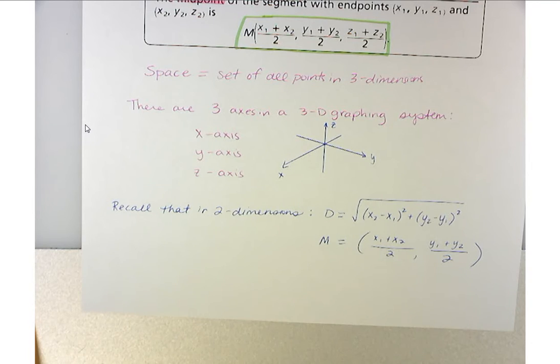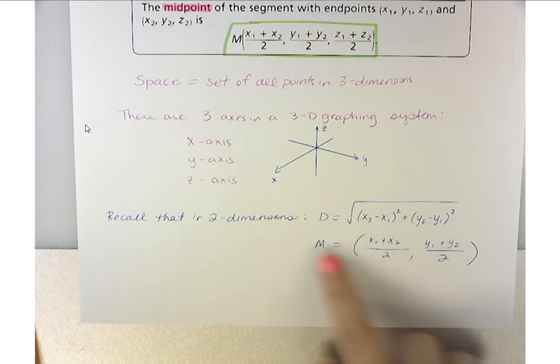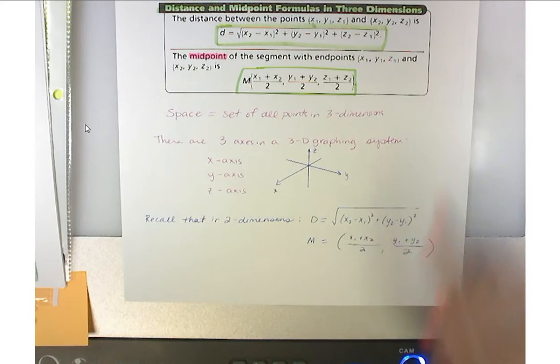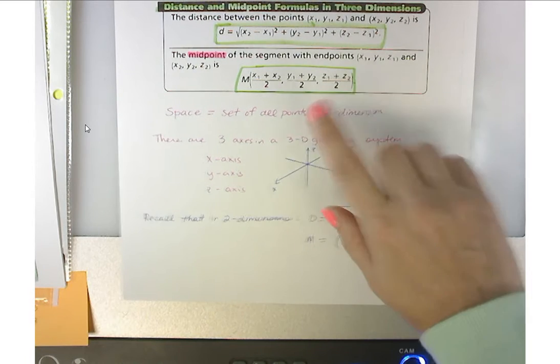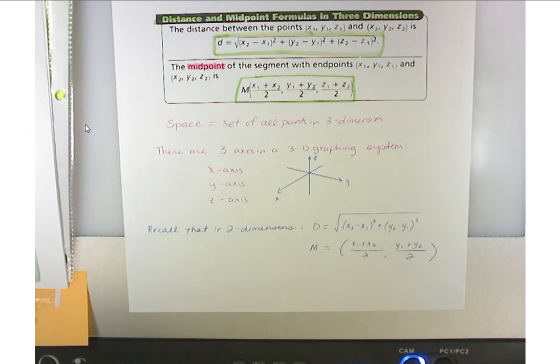And then I just said, recall that in 2 dimensions, this was our distance formula and this was our midpoint formula. So looking at the original, comparing it to the new one in 3 dimensions, you can see the only thing that we are now adding to that is the z coordinate.